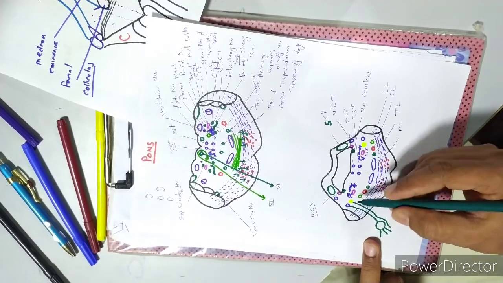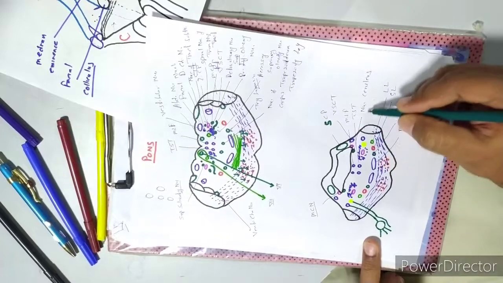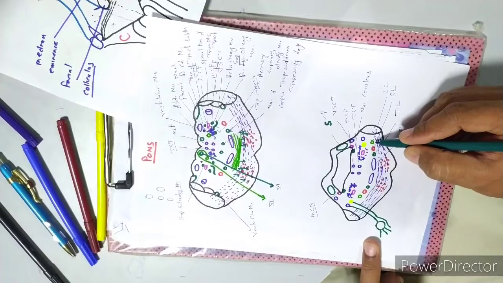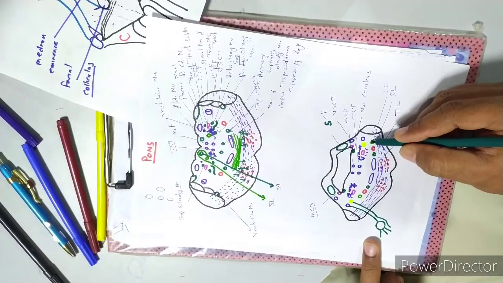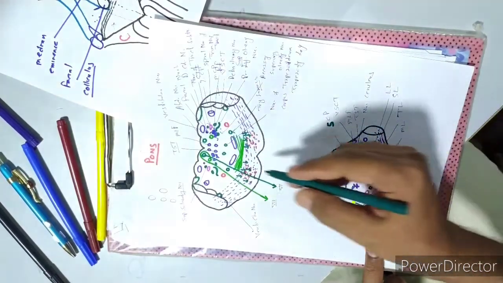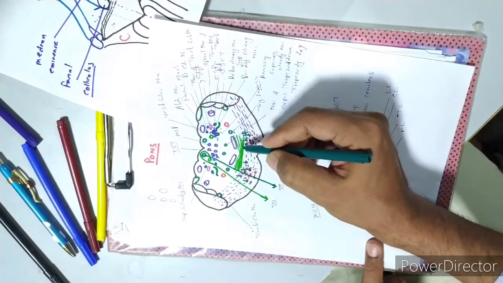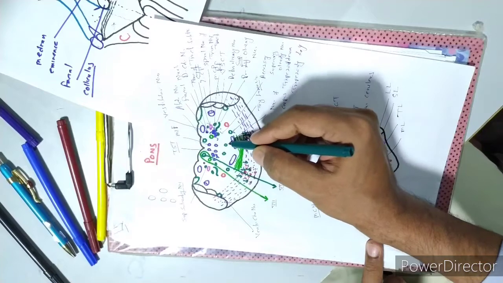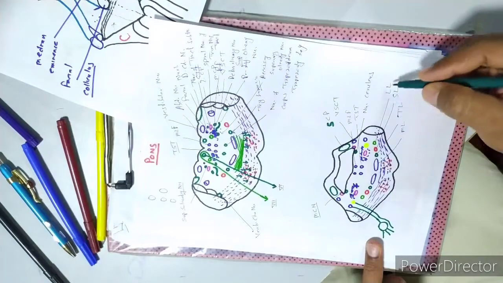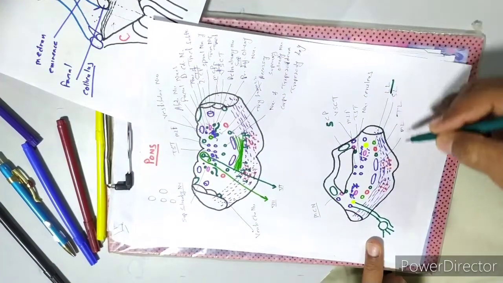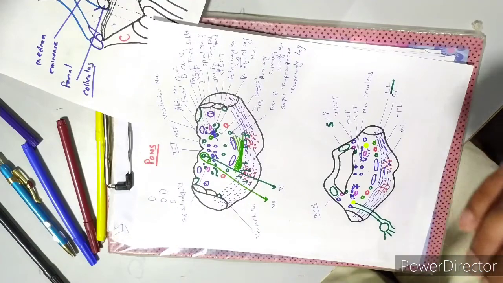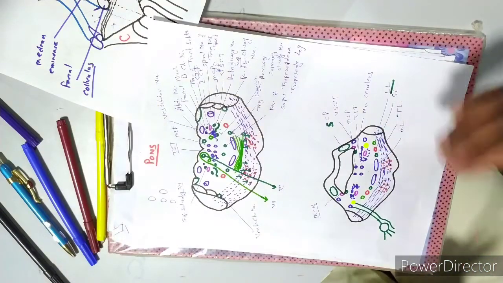And the locus coeruleus is seen here, and the spinal nucleus. The lateral lemniscus is completely formed here, and these fibers ascend upward. The fibers of the auditory pathway pass through the nucleus of the trapezoid body and then ascend upward to form this lateral lemniscus here. So these are the structures seen in the upper part of the pons.